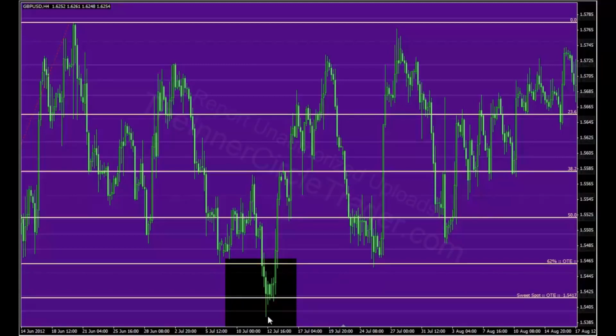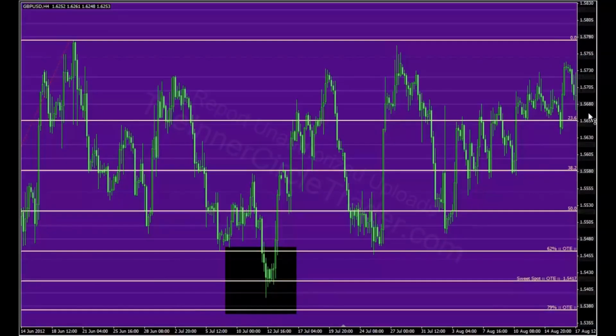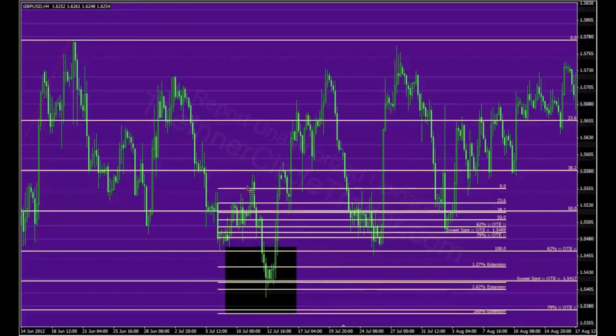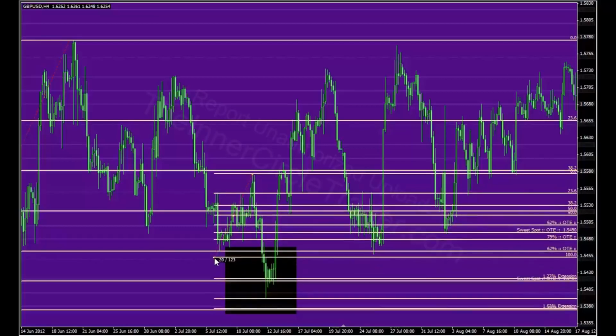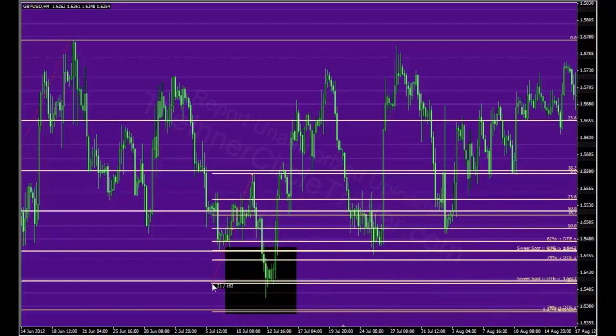If this is the area we're hunting for a possible low to form to get long on that higher time frame daily, to hunt an optimal trade entry long, look what happens if you take that low and apply one of our trademark patterns, ICT Grail.